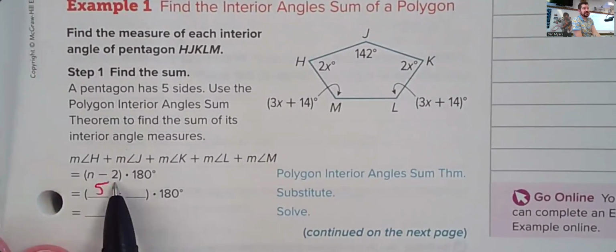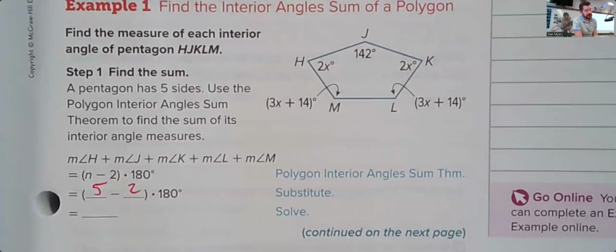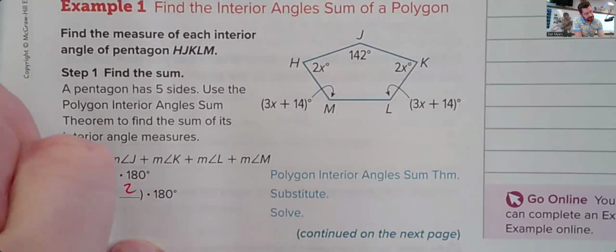It's always going to be minus 2 because there are always 2 fewer triangles than there are sides. So 5 minus 2 would be 3. And then 3 times 180. Does anybody remember from the warm-up how many degrees were in a pentagon? What's that? 540. Yeah, 540 degrees. Great.